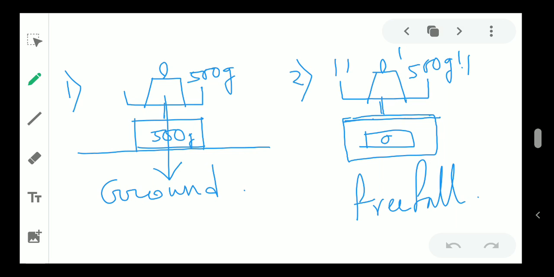So the ground is having a force, that's why the ground will also give some normal reaction force, due to which this machine can show you the data. But here when it is under free fall, the gravity is pulling it downward, but the problem is that no one is there to give the reaction force. As a result, the indication is showing here that it is 0.